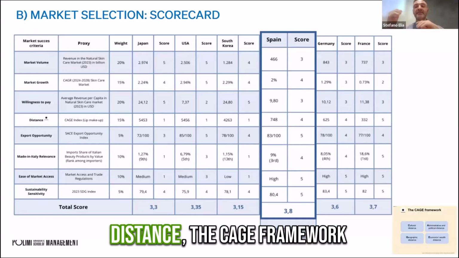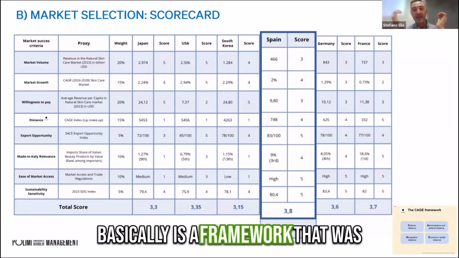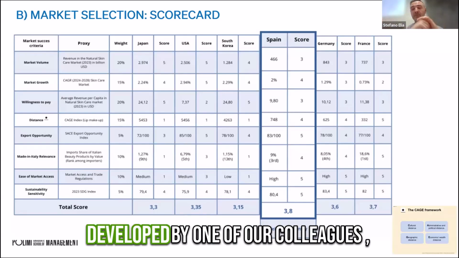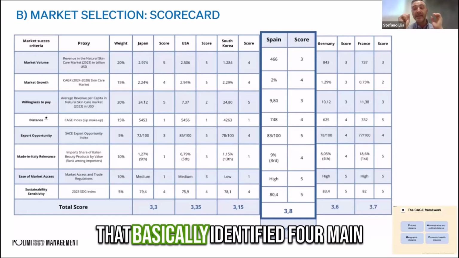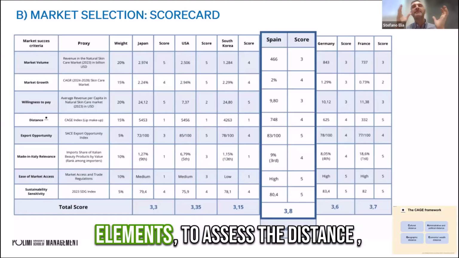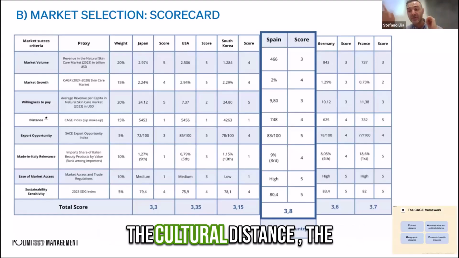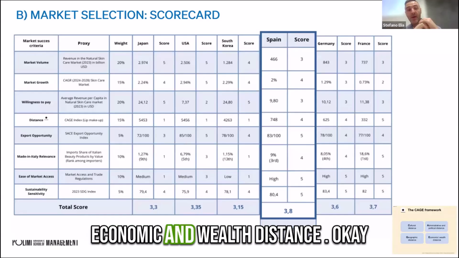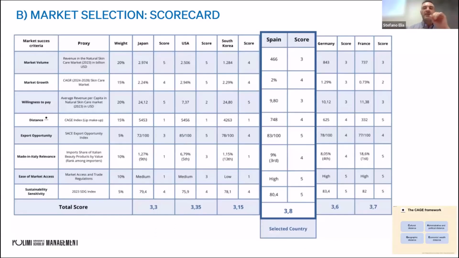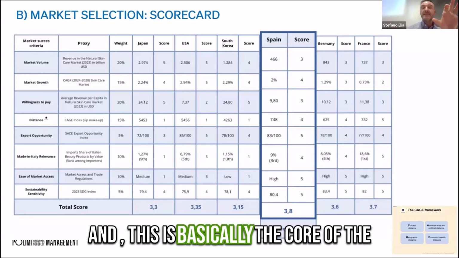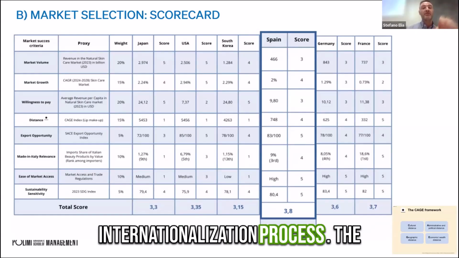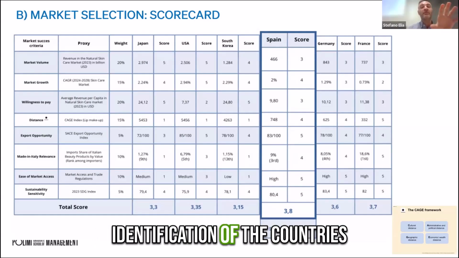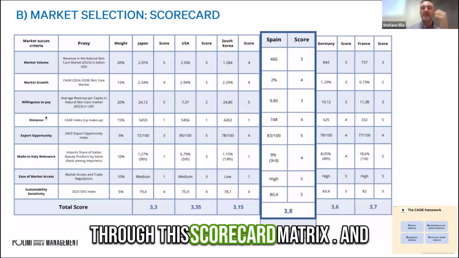As regards the distance, the CAGE framework is a framework that was developed by Ghemawat, one of our colleagues, that identifies 4 main elements to assess the distance: the cultural distance, the administrative distance, the geographic distance, and the economic and wealth distance. Okay. And this is the core of the internationalization process, the identification of the countries through this scorecard matrix.